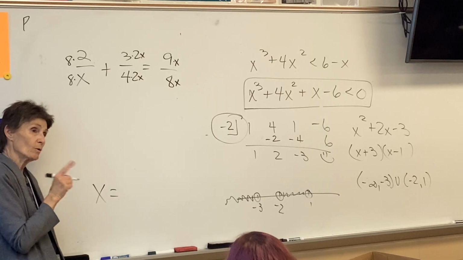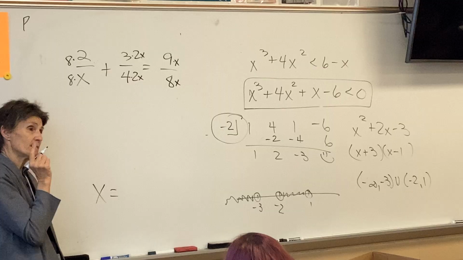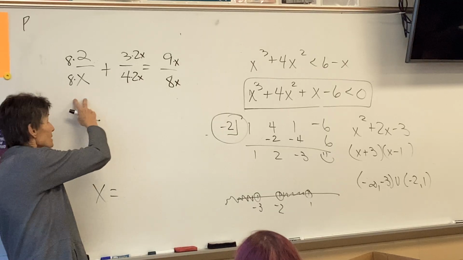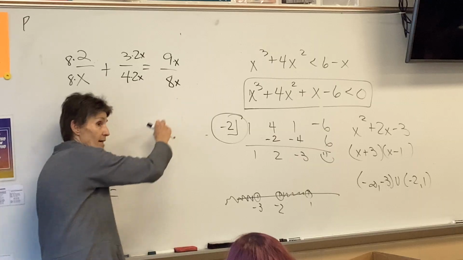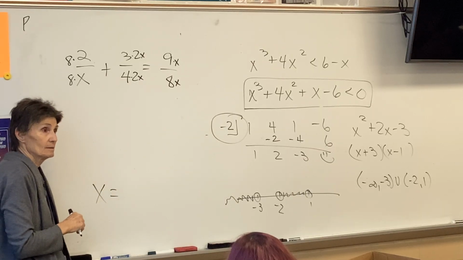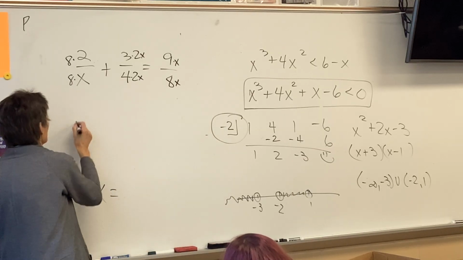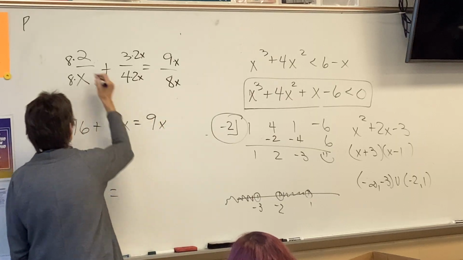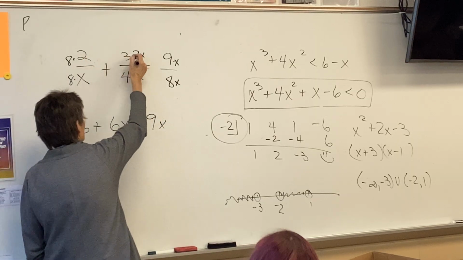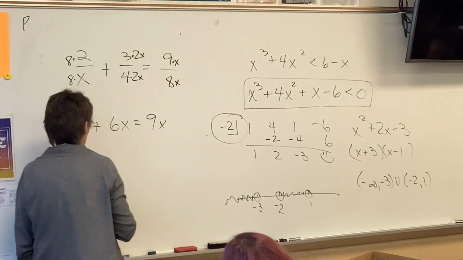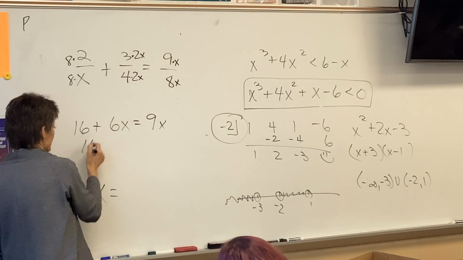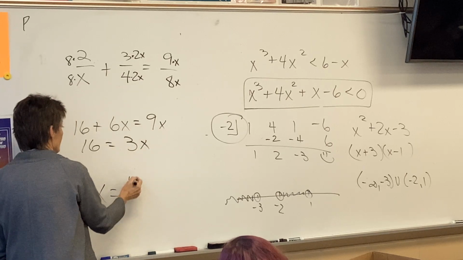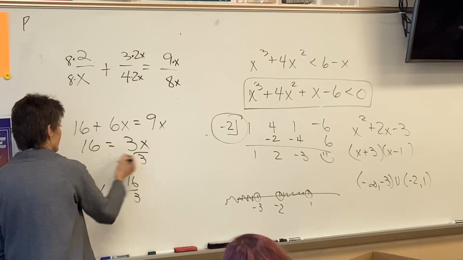And then before you go any farther, does every denominator match exactly? 8x, 8x, 8x. And then I'm ready to go. 16 plus 6x equals 9x. Remember, these are all multiplies here. So 16 equals 3x, and x equals 16 thirds.